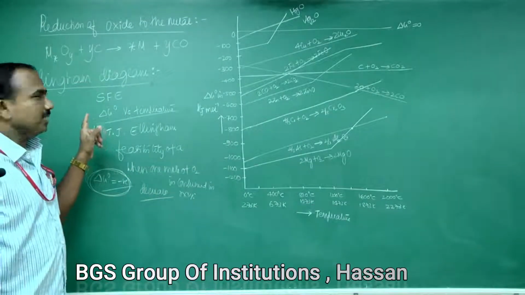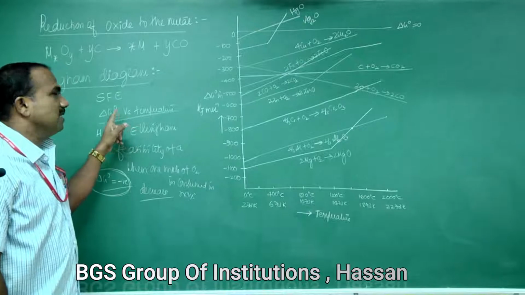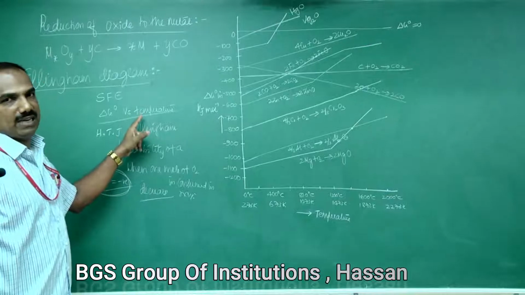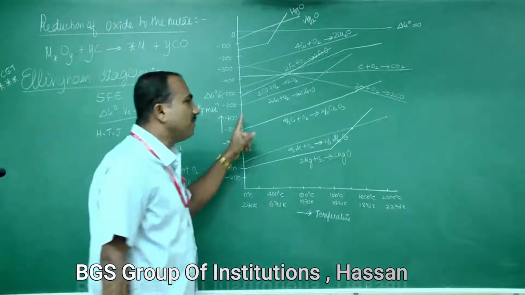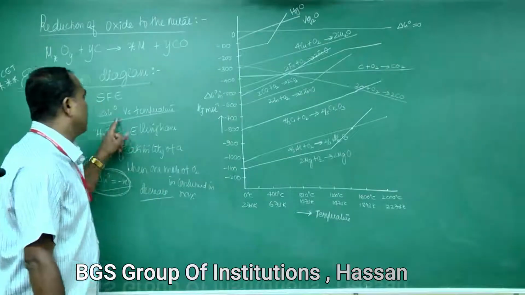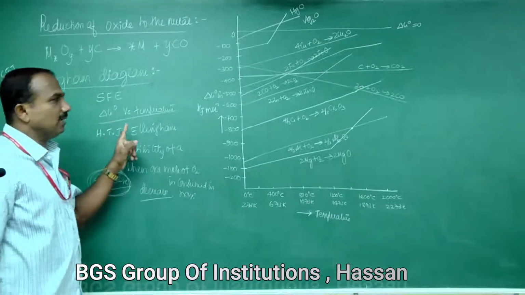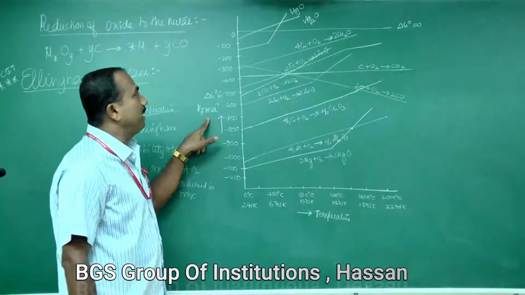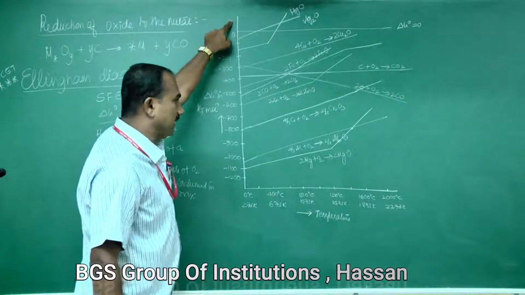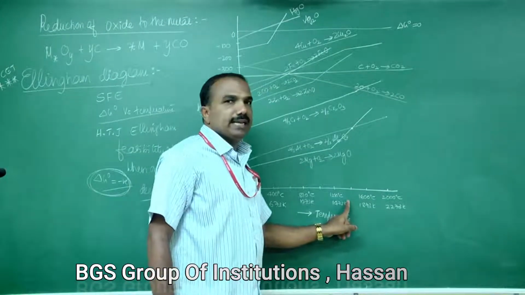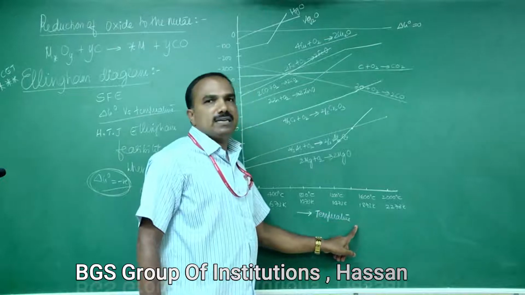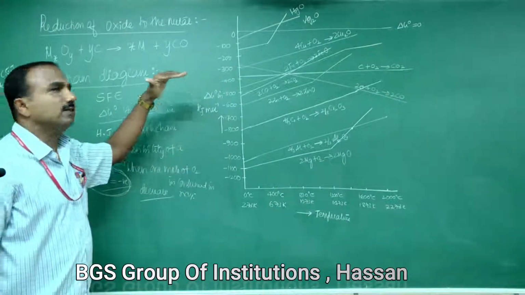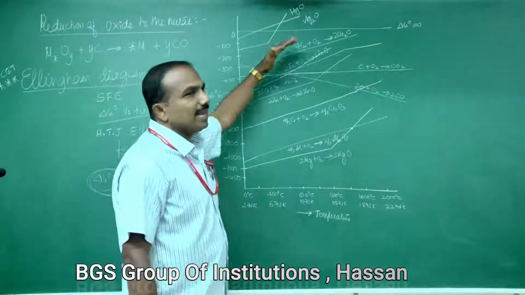The Ellingham diagram is a plot of standard free energy change versus temperature for the formation of various oxides of metals, that is, delta G naught versus T. You plot standard free energy change in kilojoule per mole along the y-axis and temperature in degrees Celsius or Kelvin along the x-axis. That gives the Ellingham diagram for various metal oxides.